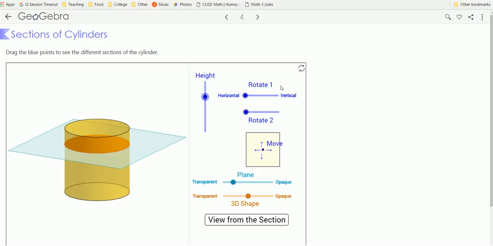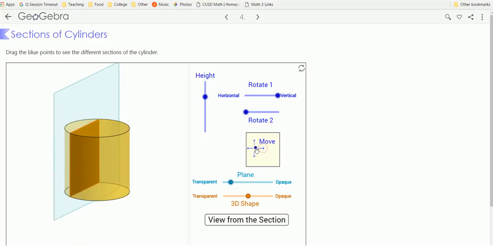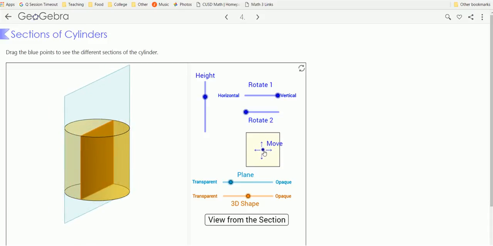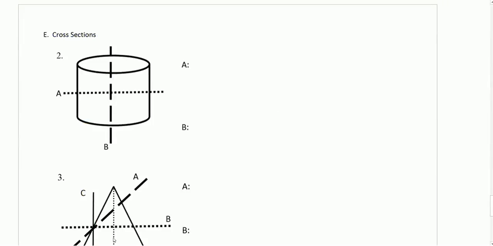Whereas if I rotate that to vertical and move that around, you see that it has a rectangular shape. And so going back to our problem here, at A we get a circle, B we get a rectangle.